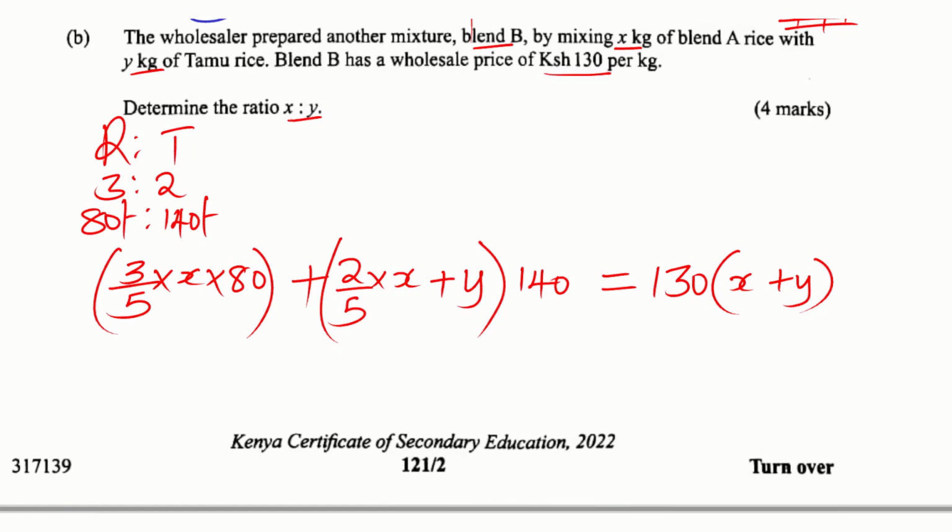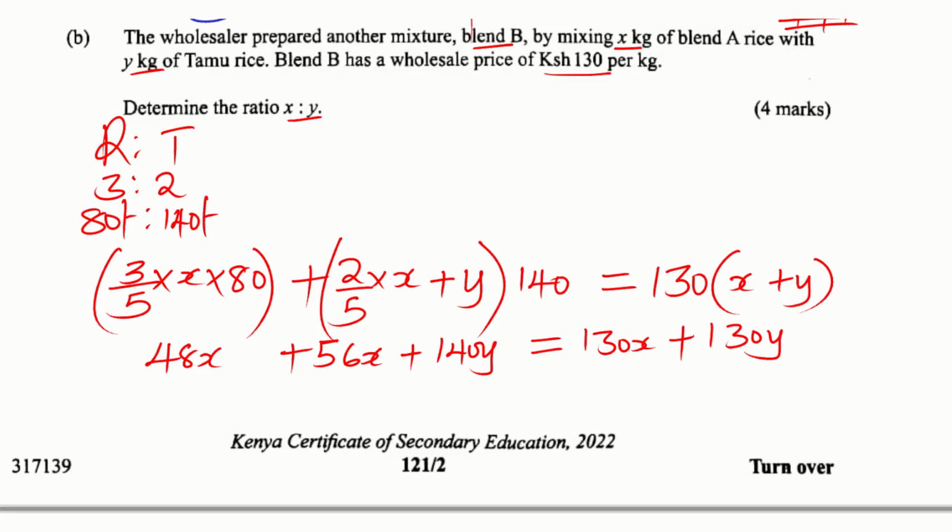So we work this out. When you multiply these, we shall get 3/5 times X times 80 will give 48X, plus 2/5 times X times 140 to give 56X, plus 140Y is equal to 130X plus 130Y.